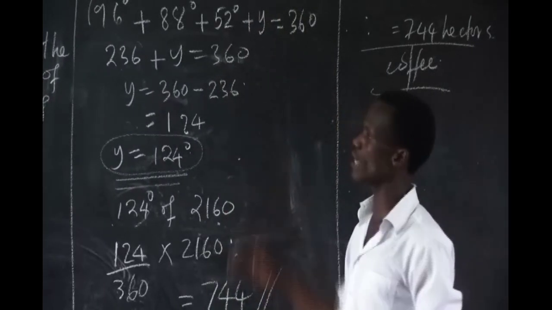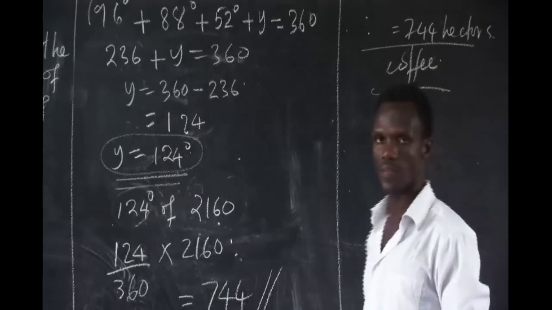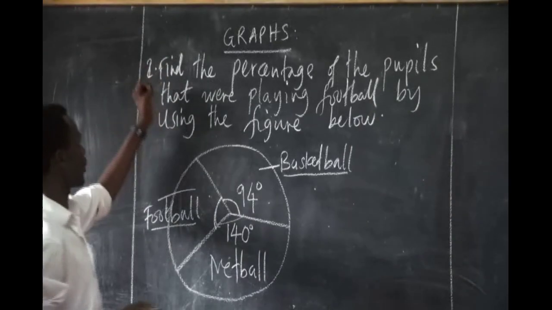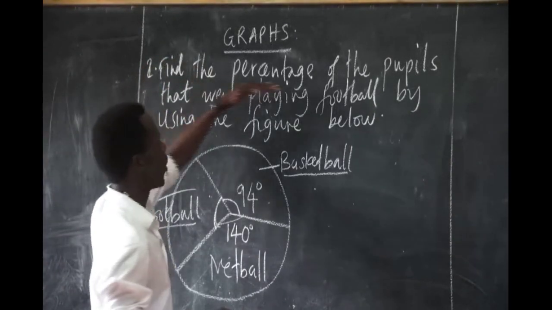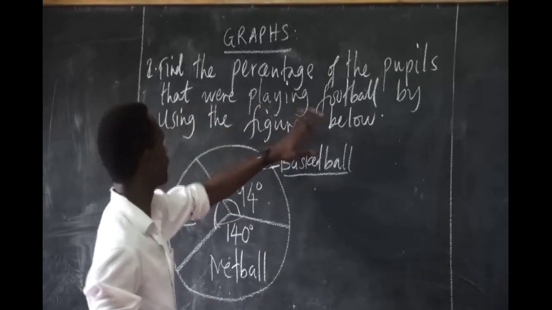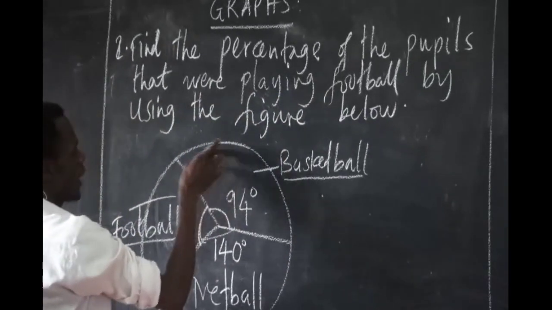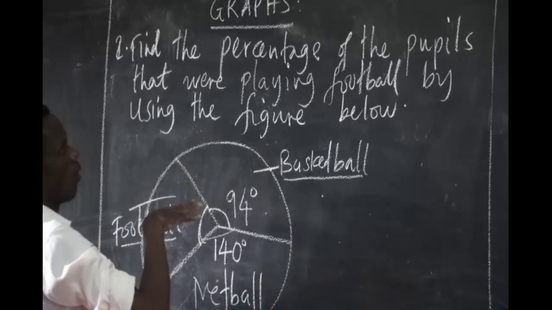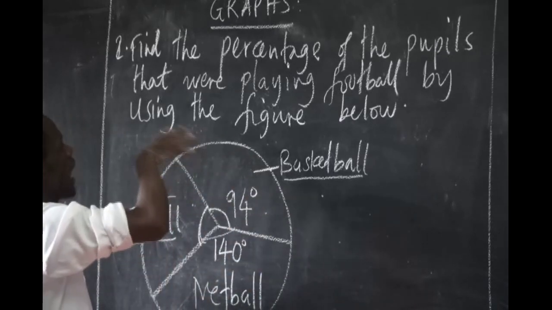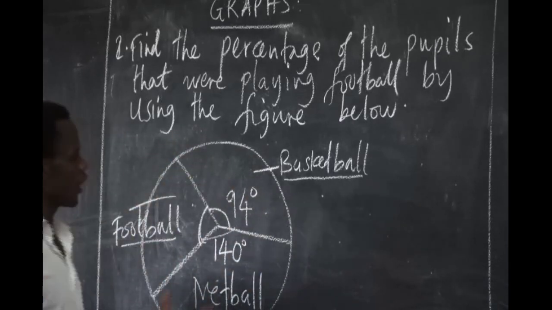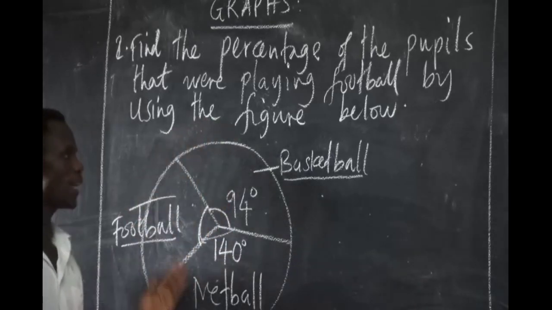Now let us see the other example on how to deal with these things. Find the percentage of the pupils that were playing football by using the figure below. So we are to find the percentage of the pupils that were playing football. When you look at the figure, it is called a pie chart.